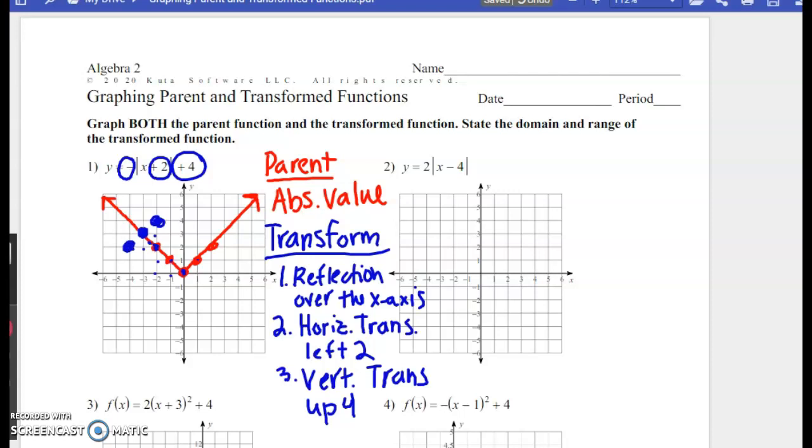This point up at 1 reflects to -1, and I go left 2, and then up 1, 2, 3, 4. Same thing, this last point that's up at 2 is going to reflect to -2, but then I got to shift it. Left 2, up 1, 2, 3, 4. And that's enough points that I can get a sketch in of that new absolute value function.